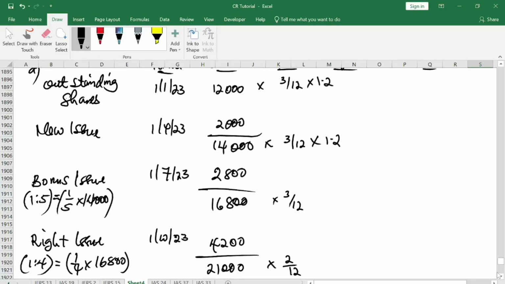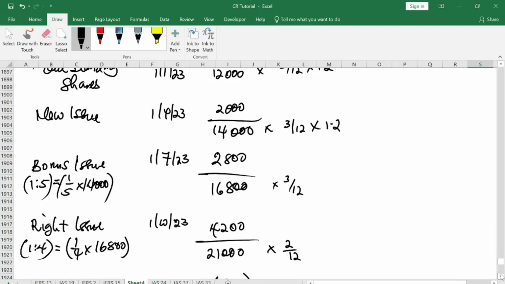So for that reason, you will not adjust this outstanding. As earlier indicated, adjust the outstanding that are before the bonus issue. So here you will adjust nothing. Maybe you can say no adjustment here, or you can put a dash.